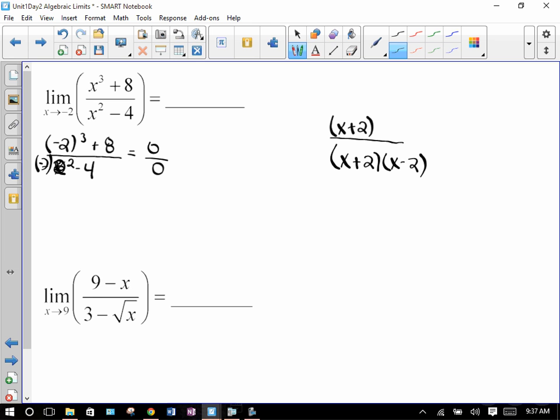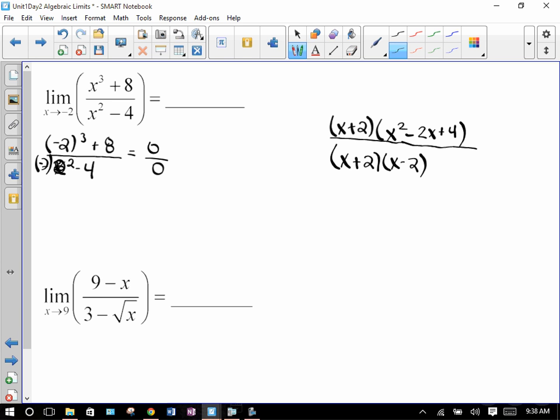So this top part is going to factor into x plus 2, and you're going to have x squared minus 2x plus 4.